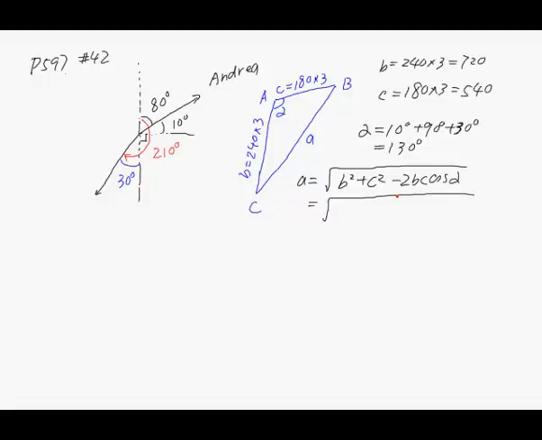Then we plug in all these knowns into this expression: 720 squared plus 540 squared minus 2 times 720 times 540 times cosine 130 degrees. Then you simplify, you get 1144.48 miles.